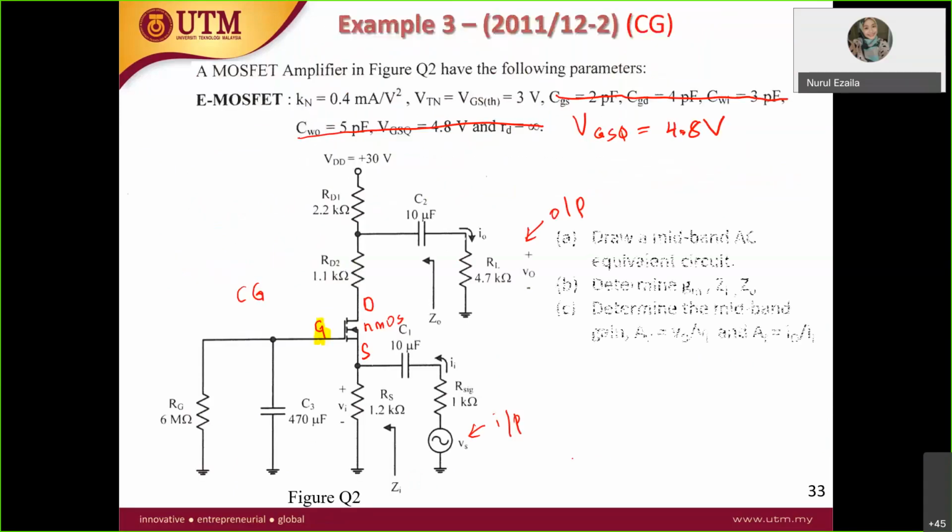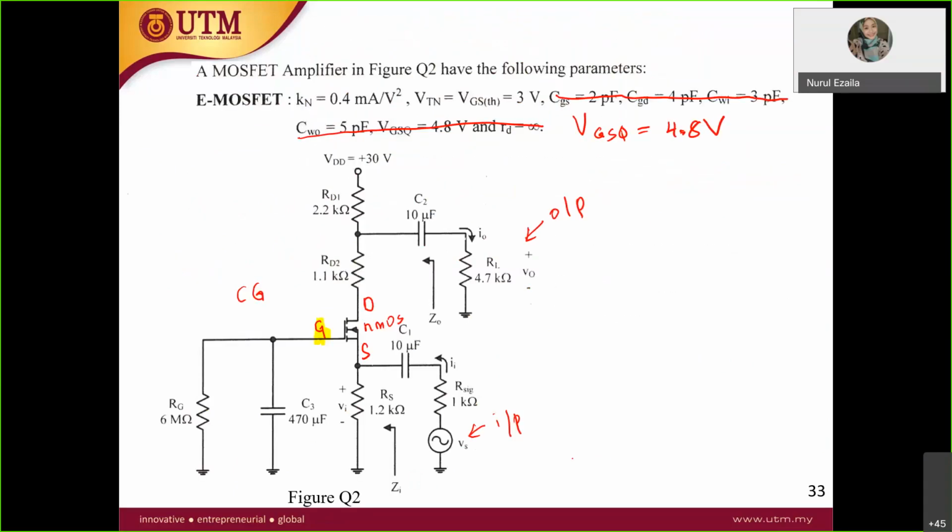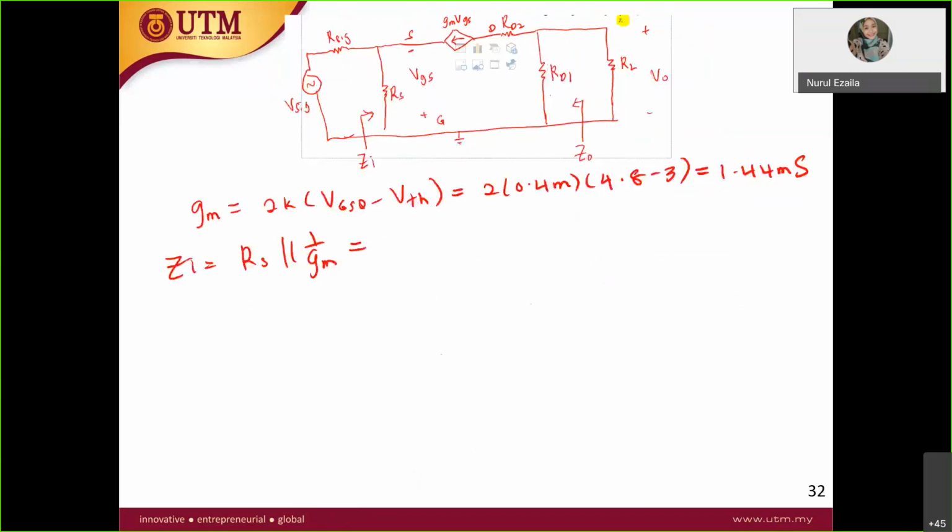RS is 1.2K, parallel with 1 over 1.44 milli. So Z in over here, you will get 439.88 if I'm not mistaken. But this is a very old question. I have to check again. Can someone check again the answer?